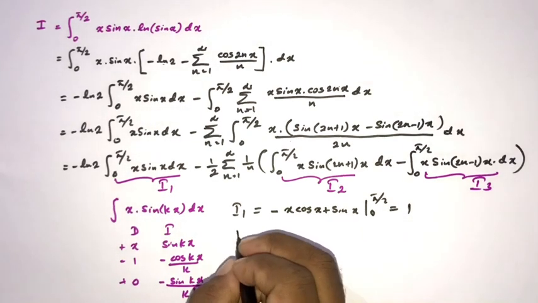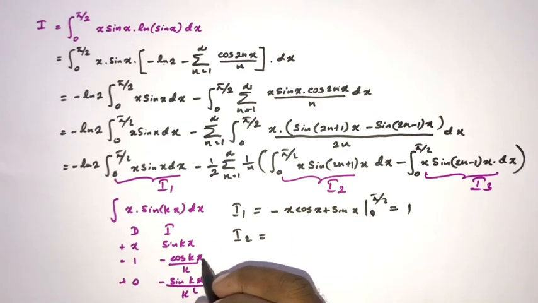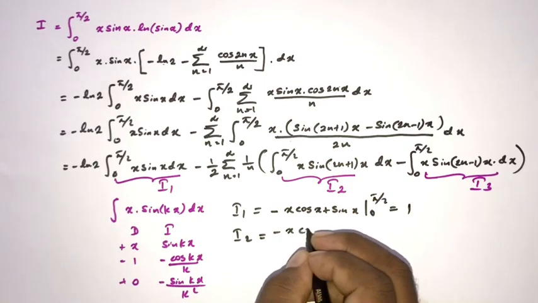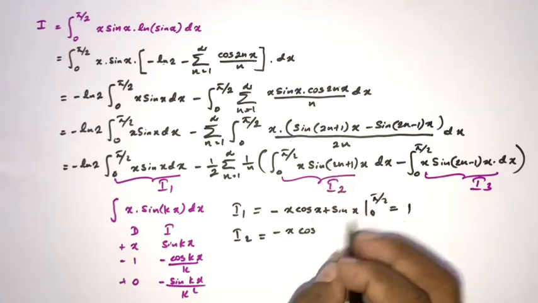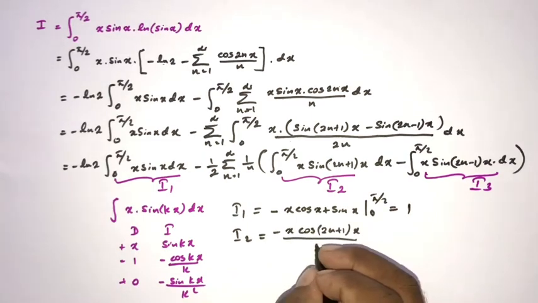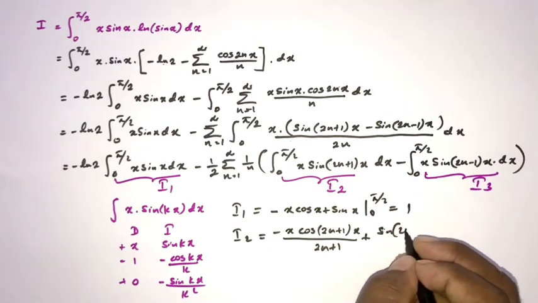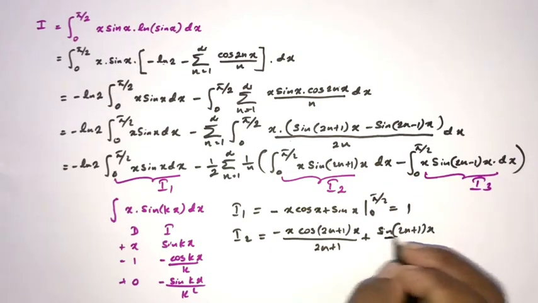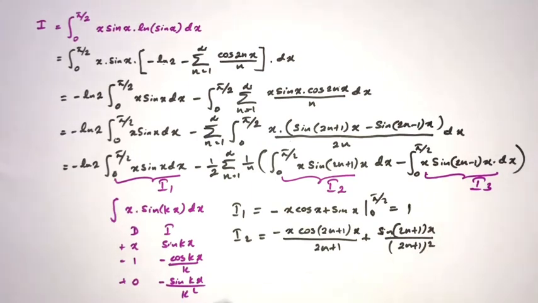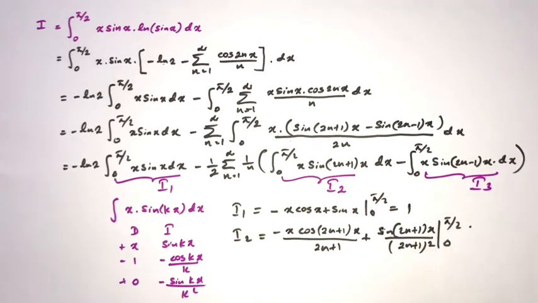Then I2: minus x cosine of kx over k, where instead of k we have 2n plus 1, so minus x cosine of (2n plus 1)x over (2n plus 1), plus sine of (2n plus 1)x over (2n plus 1) squared, since k squared is (2n plus 1) squared, from 0 to pi over 2.